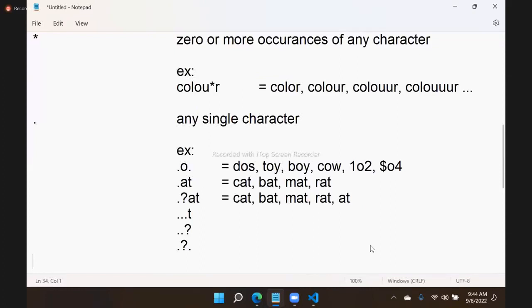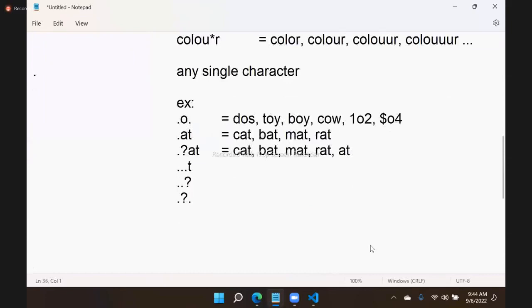Right. Next, we have the pipe symbol. This is actually pipe, not exclamation. Exclamation is different. This pipe symbol is used to define what we call logical or.